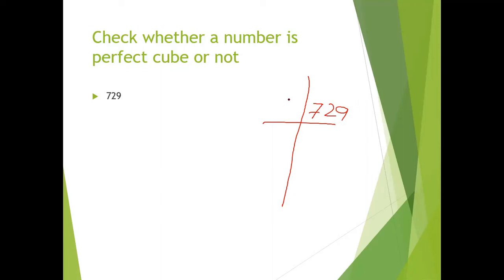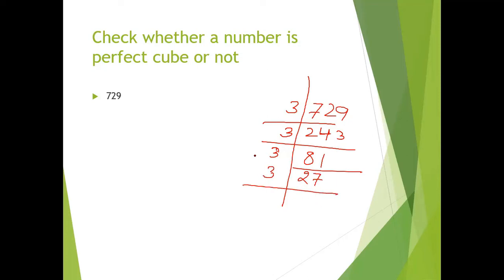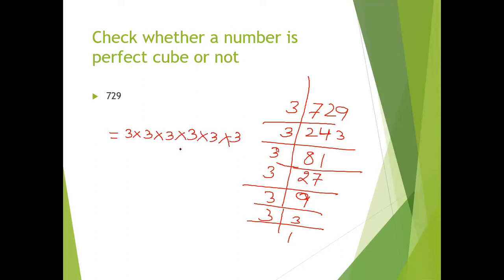It's an odd number, so starting with 3: 243, again 3, 81, again 3, 27, again 3, 9, again 3, and 1. Okay, so 729 is 3 multiplied by 3 multiplied by 3 multiplied by 3 multiplied by 3 multiplied by 3.